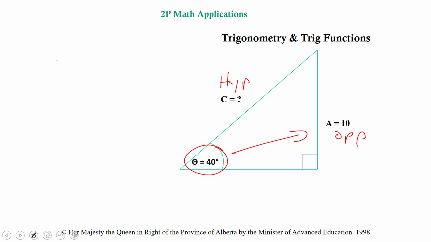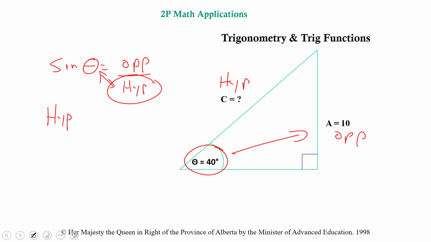If we start with our formula, sine theta equals opposite divided by the hypotenuse, and I want to figure out the hypotenuse, I just need to cross multiply. So the hypotenuse is equal to side opposite divided by sine of whatever angle we're at.